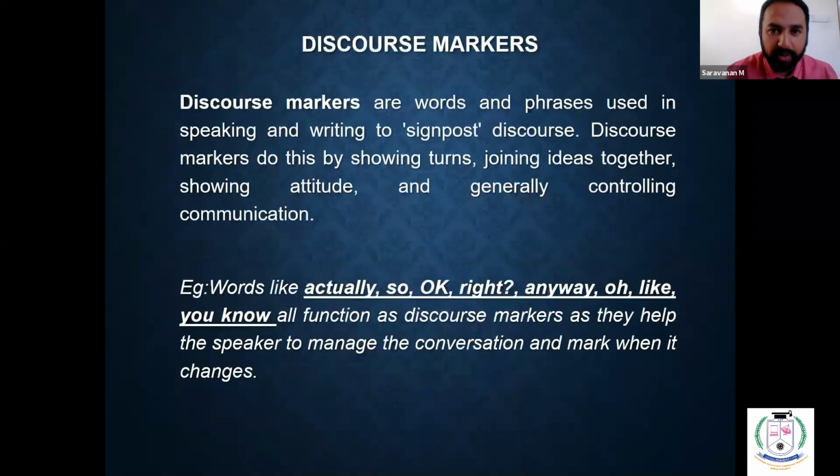Discourse markers. What are discourse markers? Discourse markers are words that help a person while speaking to sequence whatever he's speaking. They are also like connectors, only connectors. There is no big difference between discourse markers, conjunctions or connectors.